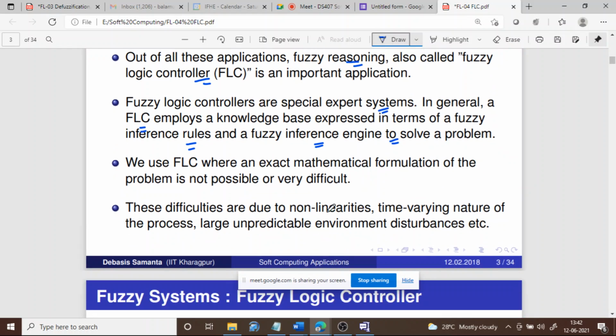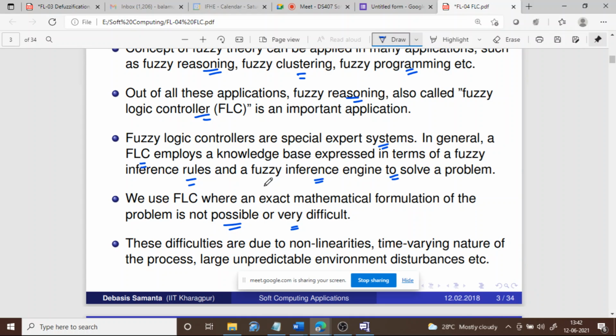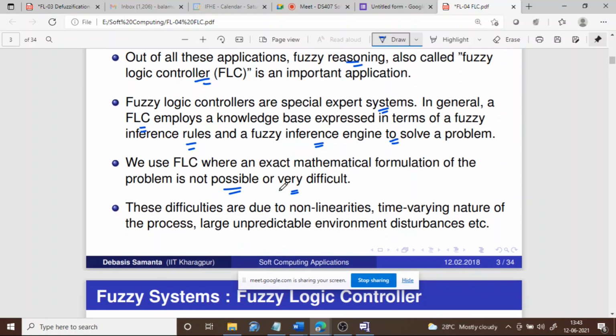We use a fuzzy logic controller where an exact mathematical formulation of the problem is not possible or is difficult. So this is the catch: not all real world problems can be solved using a perfect formula. That may not always be possible, so in such cases we use fuzzy logic. These difficulties are due to non-linearities, the time varying nature of the process, and large unpredictable environment disturbances. Okay, so you may ask why that is happening.